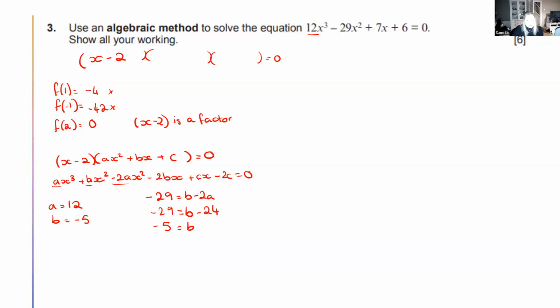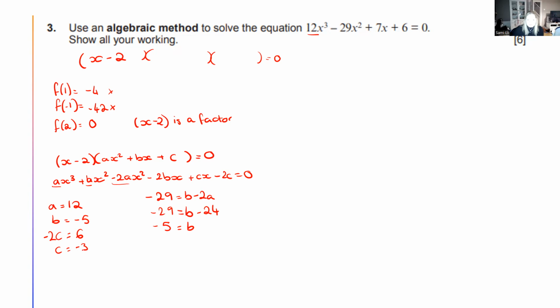Now, there's 2 ways we could go about this. We could work out our c value to check, or we could just rely on the last digit because we've just got c on its own. So we could state that -2c is 6, so c is equal to -3.